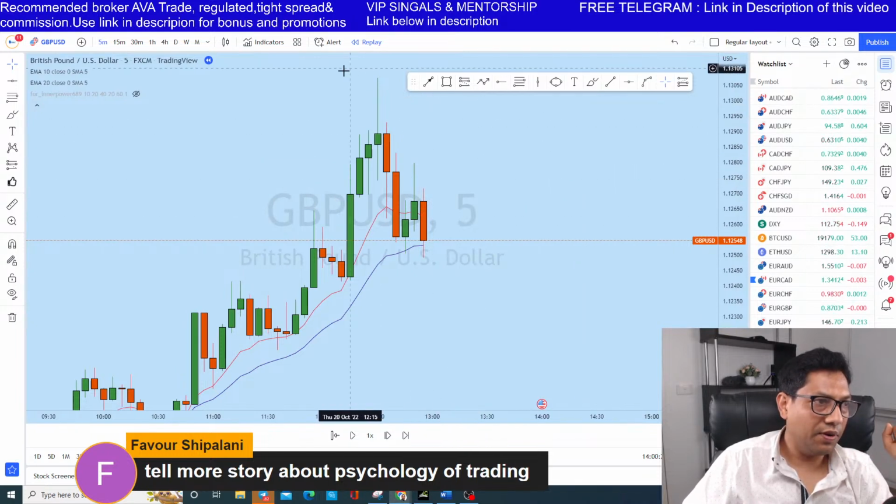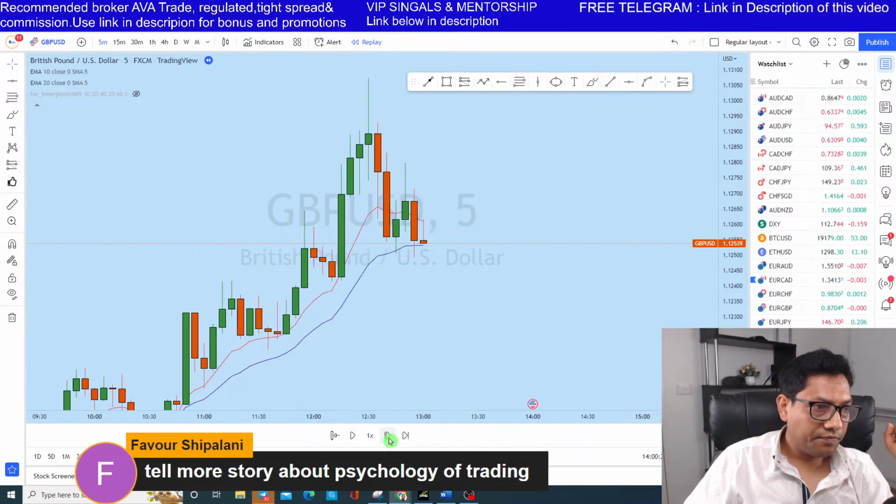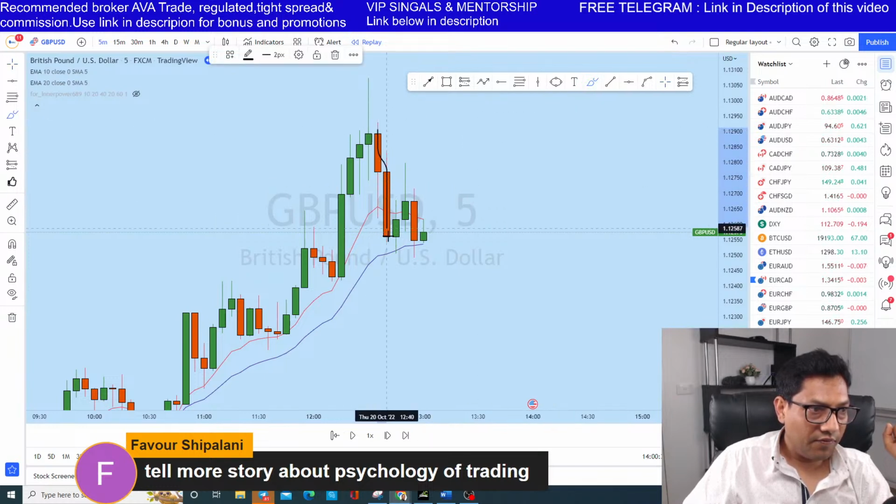So this is a kind of reversal, and when it was forming in front of you, you saw that I opened the trade because I saw that this is a reversal correction. It is likely to drop this way, and I placed my pending order, stop loss here, take profit here, and it hit the full profit target.